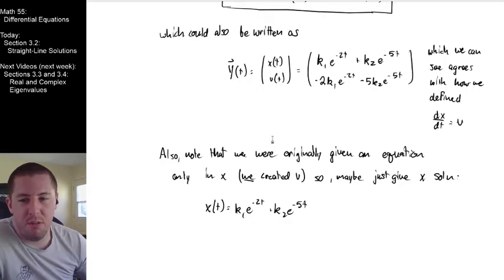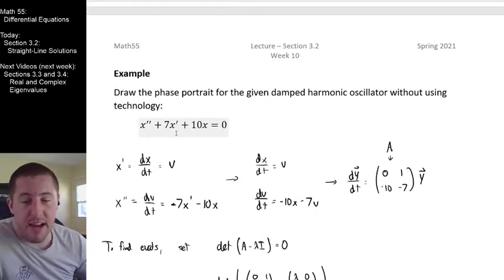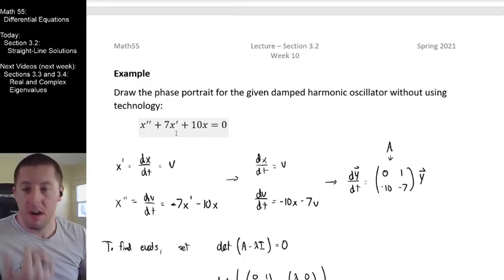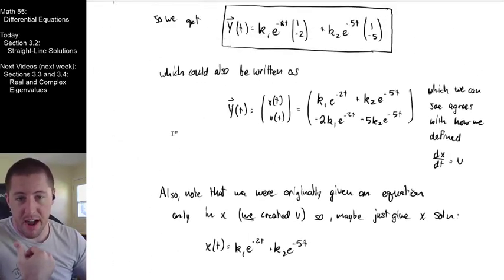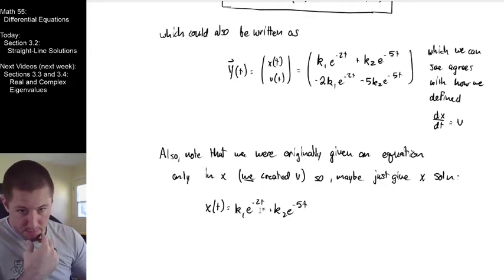We just defined it out of thin air, right? Our original equation that was given to us only had x's in it. So technically speaking, if I just said to you, solve this differential equation, since x is the only dependent variable here, your only responsibility would be to solve for x. And you should notice here that we just don't have this eigenvector component.